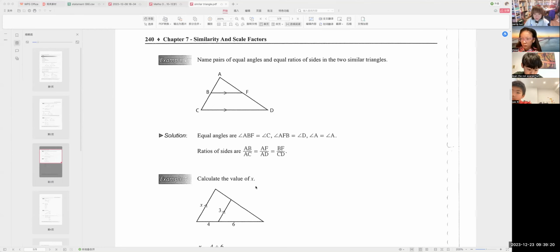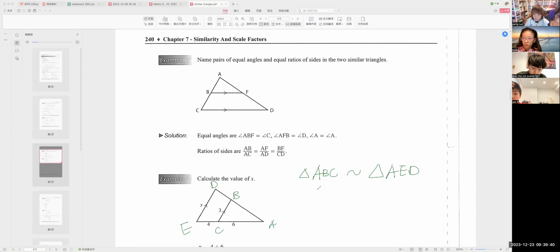Okay, let's take a look at this one. First of all, we put A, B, C, D, E here to help you understand how many triangles are similar. I know triangle ABC is similar to triangle AED.